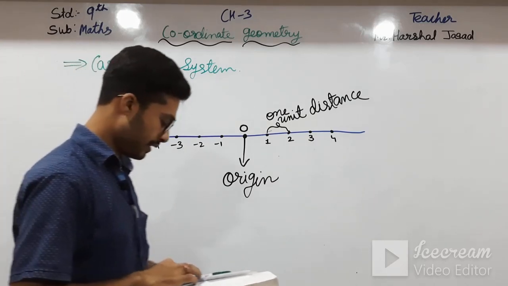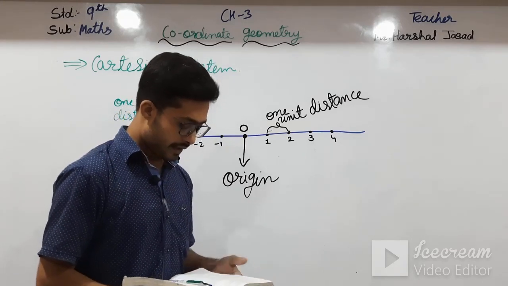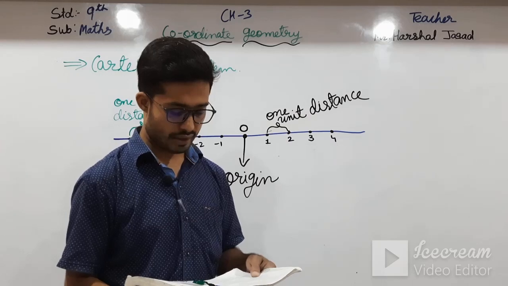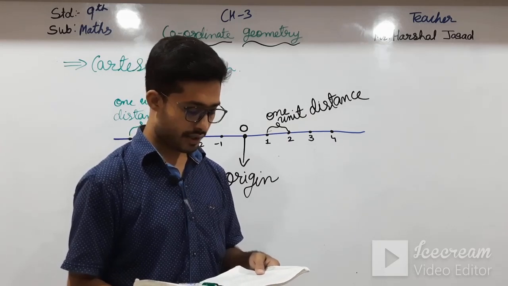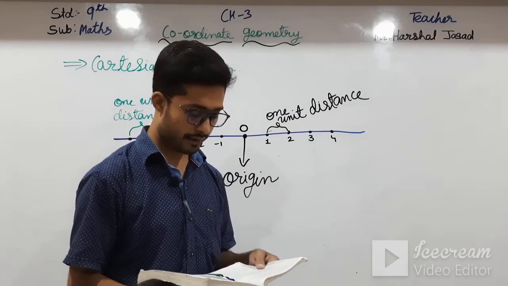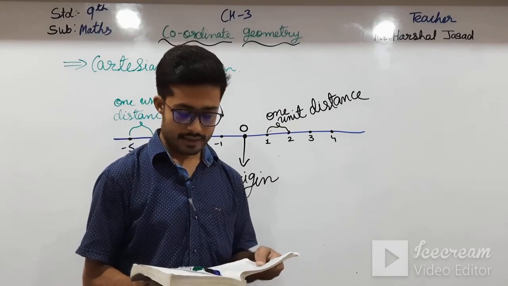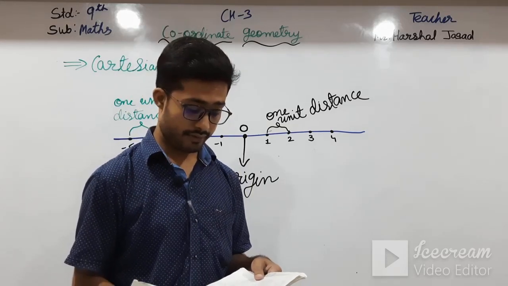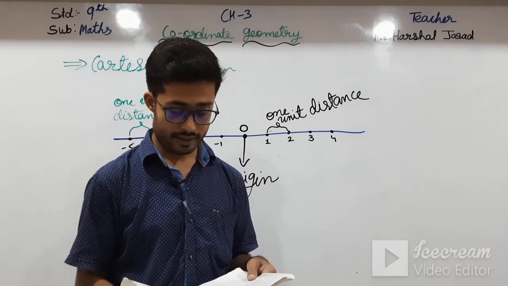Now moving further, Descartes invented the idea of placing two such lines perpendicular to each other on the plane and locating points on the plane by referring them to these lines. The perpendicular lines may be in any orientation, such as in figure 3.6.